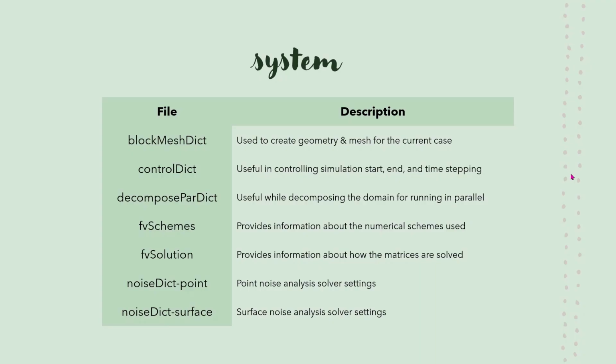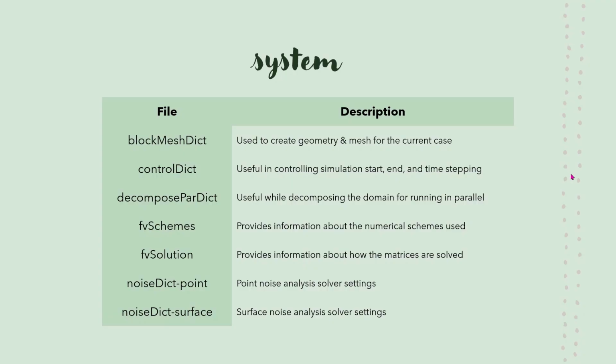The noiseDict point file takes the data of the point noise source that we have already provided in the controlDict file itself, where we just say that these are the different observers around my particular cylinder, and I want to figure out what is the noise that is generated on these 4 observer points.